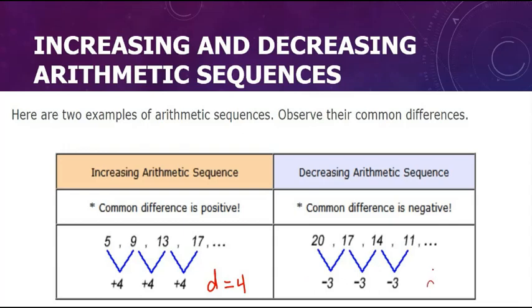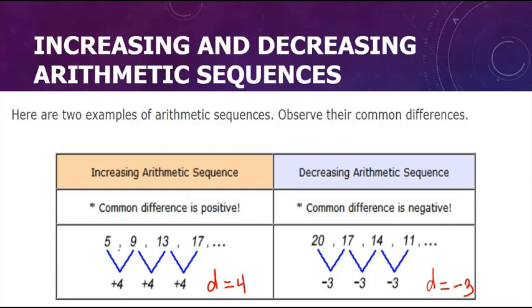So, here, your d is negative 3. Kasi kada term, nagsusubtract kayo ng 3 para makuha nyo yung next term. Pare-pareho din yan. So, still, this is an arithmetic sequence. You are adding negative 3. And this is a decreasing arithmetic sequence. Madali naman tandaan eh.